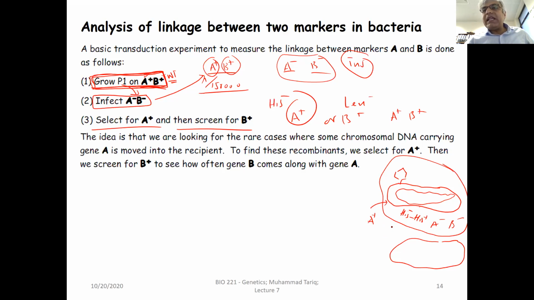You select the same bacteria for B plus phenotype, which is, let's say, leucine minus, and you try to see if this phage has brought in the wild-type leucine gene.